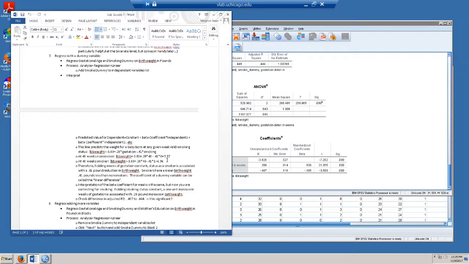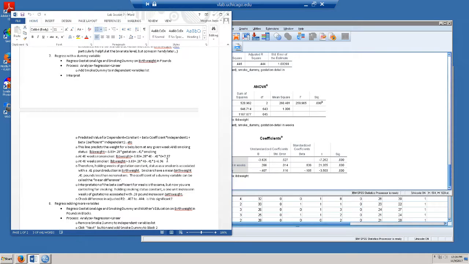Oftentimes, when we have more than just two categories, smoker and non-smoker, like race, and we want to put a dummy in for Black and a dummy in for Latinos, then we leave one of them out. If we have white, Black, and Latino, we'd leave white out, and then the interpretation is the mean difference between whites and Blacks is your beta coefficient for your Black dummy.